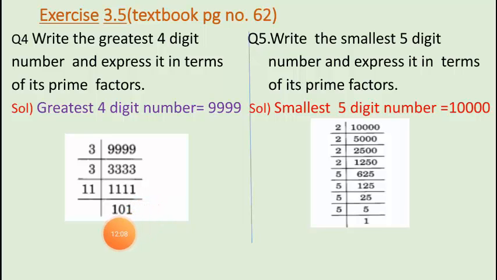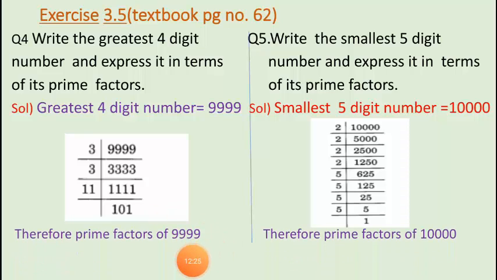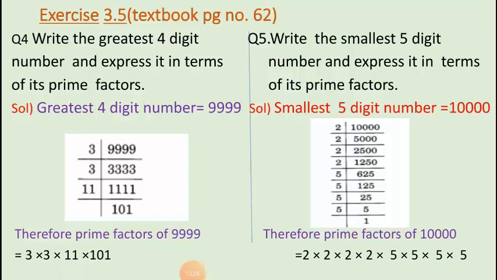So it will go 101 times, and now this number will not be divisible by any other number leaving 101. So here our factorization is over. So now we will list out the prime factors of 9999 by including all its prime numbers that are present in the repeated division method.